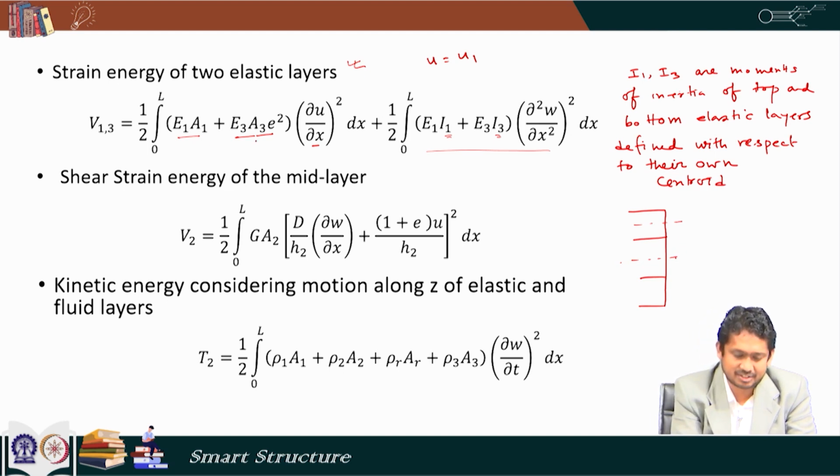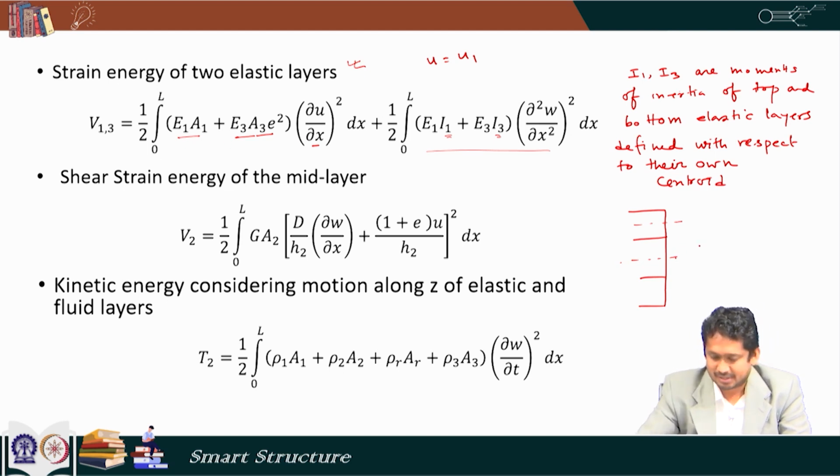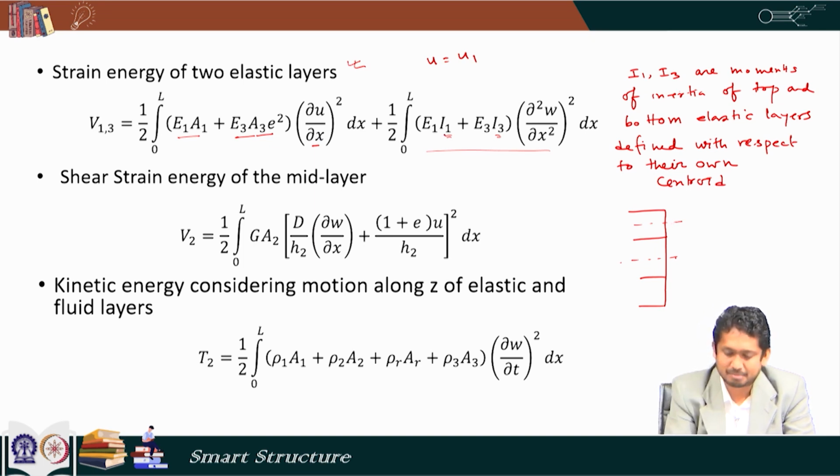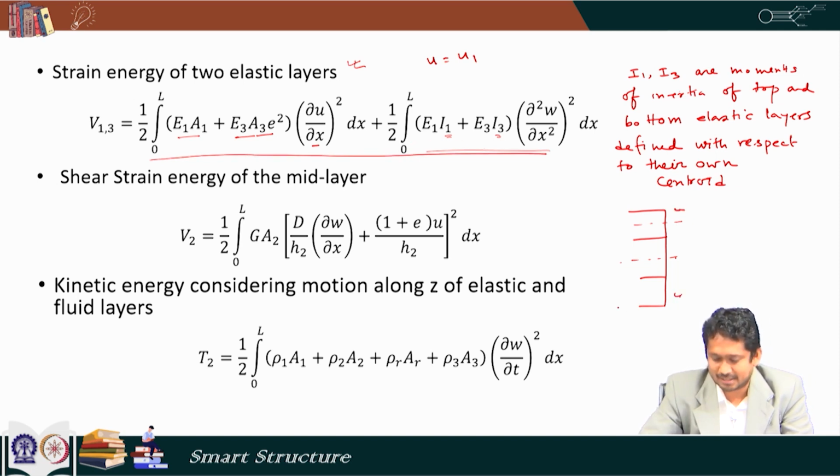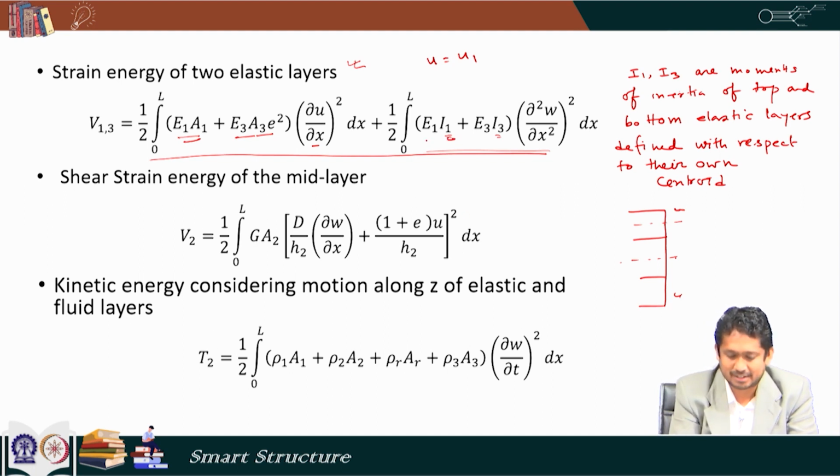In that case, these energies do not come into picture, and after shifting by parallel axis theorem, whatever the moment of inertia expression I have, I get these two energies combined in just this expression. But here, because I am writing these two layers separately, I am writing the strain energy due to the extension of its mid layer here and the bending of this layer itself, where I is considered with respect to the centroid of this layer itself. So, that is why they are written separately.